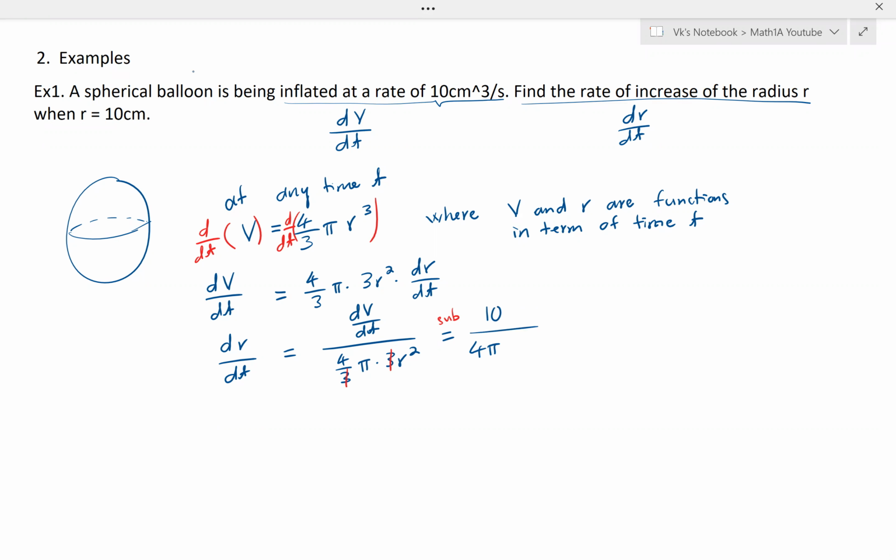Then 4 pi, and this is true when the radius is 10 centimeters, 10 squared. So this gives us 1 over 40 pi. The correct unit here is centimeters per second.